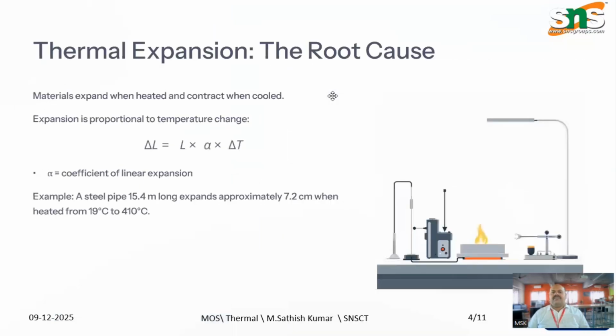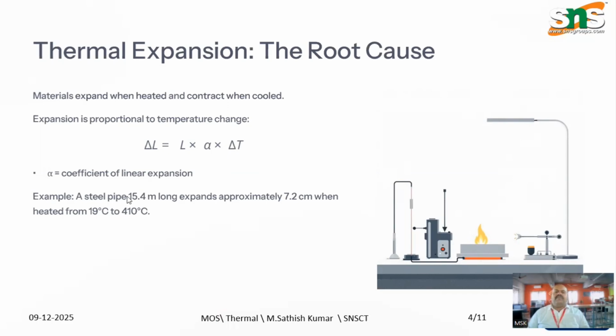Coming to thermal expansion, the root cause is that materials expand when heated and contract when cooled. Expansion is proportional to temperature change. That is, change in length equals length times the coefficient of thermal expansion times the change in temperature. There is an initial temperature before the process starts, and a final temperature at which the process ends.